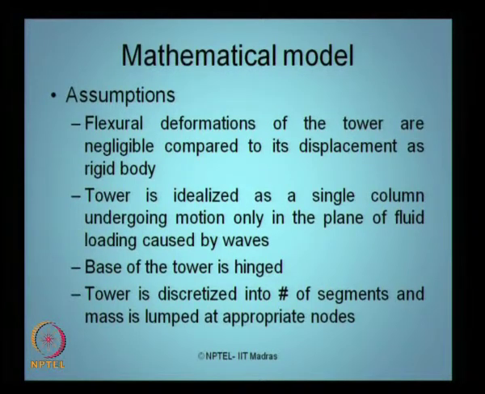They of course exist, but they are very small in magnitude in comparison to the displacement of the tower as a rigid body. Therefore, the tower is idealized as a single column undergoing motion only in the plane of the waves. The base of the tower is considered to be a hinged joint, it cannot take any moment. The tower is discretized into a number of segments and the mass is lumped at appropriate nodes.